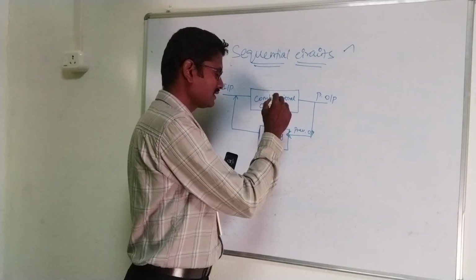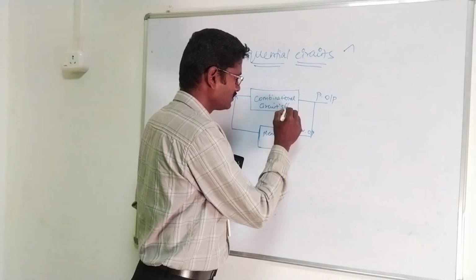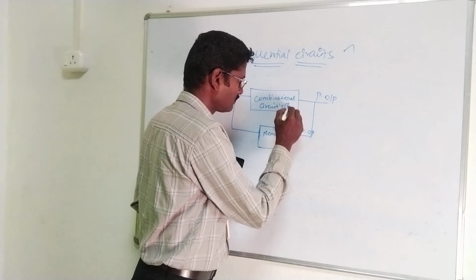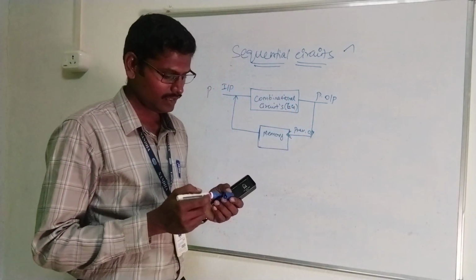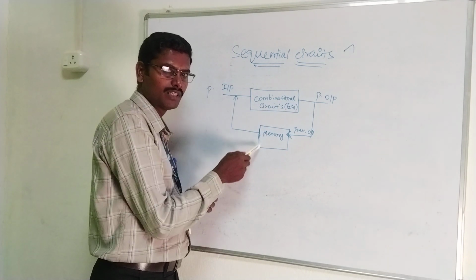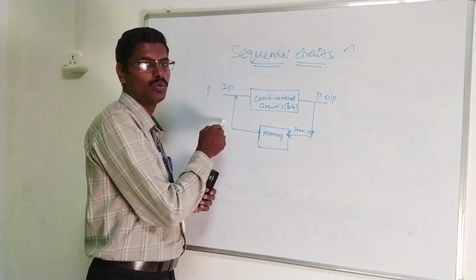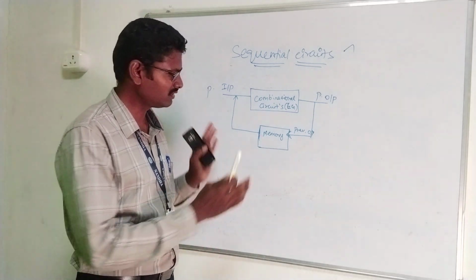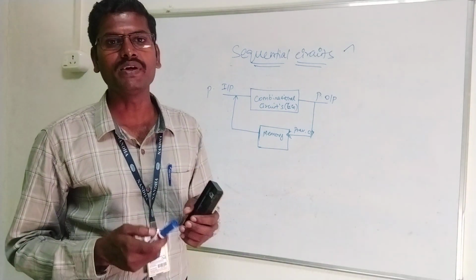The combinational circuit, as we know, is generally logic gates. A combinational circuit along with a memory element is known as a sequential circuit. This is the equivalent schematic of a sequential circuit.